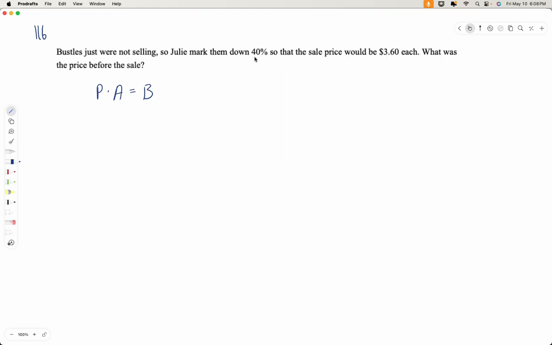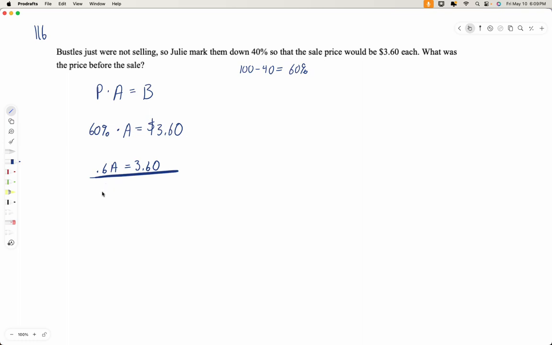Well, if she took 40% off, then the sale price is 60%, right? So that means we've got 60% times some number is equal to $3.60. So we turn this into a decimal. That'd be 0.6 times A is equal to 3.60.